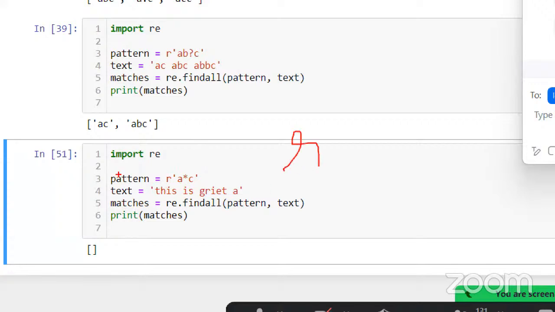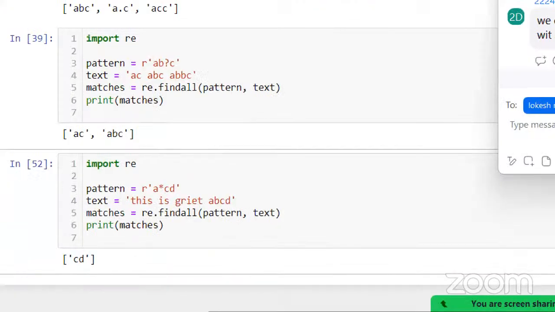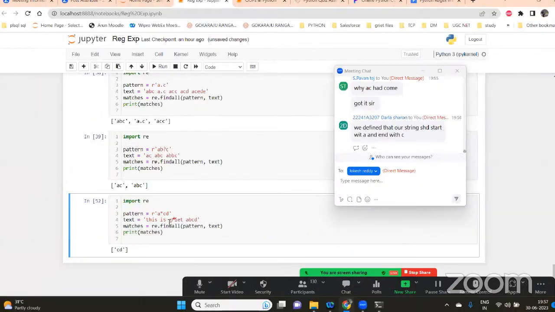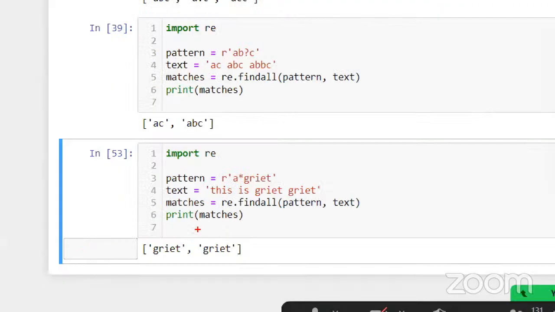See, r indicates what? This entire thing has to match. There is no option here. So any number of A's should be there, and finally it should end with C. At any cost, it should end with C. Suppose if I mention star CD, it is looking for a matching pattern, correct?